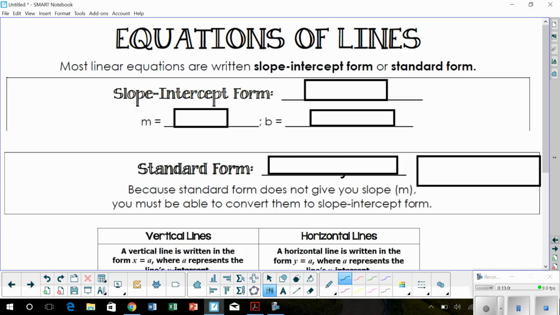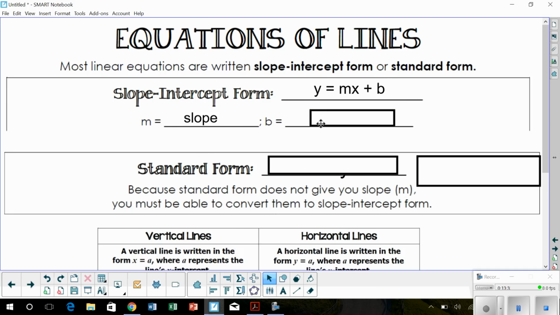And now we have equations of lines. Slope-intercept form is the form that you want to use when you go to graph. Slope-intercept form is y equals mx plus b. M stands for the slope, b stands for the y-intercept.